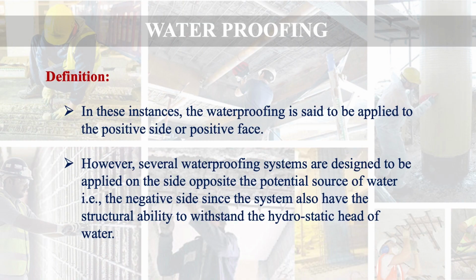Means when we are providing the waterproofing on the water face, then we are calling it the positive side or the positive face. However, several waterproofing systems are designed to be applied on the side opposite to the potential source of water, that is the negative side, since the system also has the structural ability to withstand the hydrostatic head of water.